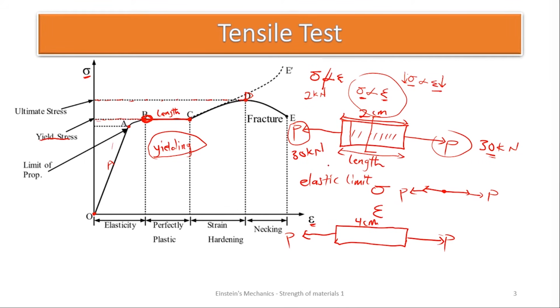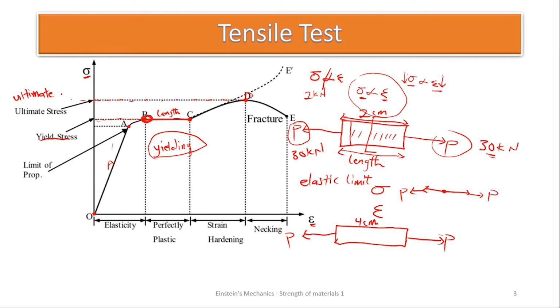Our main focus here is to test the material strength, how it can withstand stress. So we are trying to still increase the tensile load. At a certain point D, the material can no longer. That's why we call it the ultimate stress. This will help us know the maximum force, the maximum load. It's quite interesting.